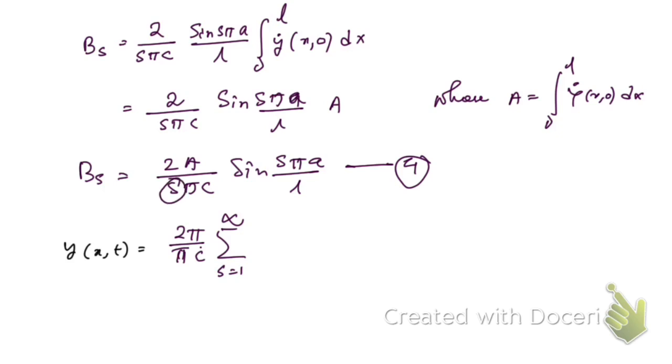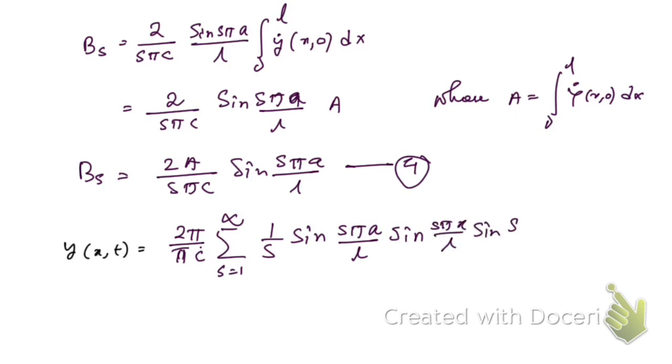This s is written here, 1 by s using the summation, sine s pi a by L. This is a, and sine s pi x by L, then sine s pi c t by L. So using equation number 4 in 3, that's what we have got.